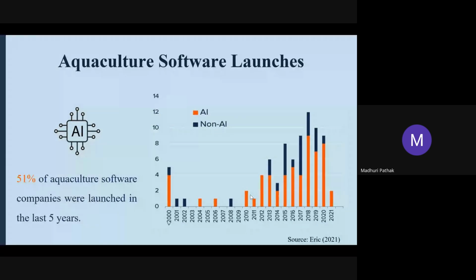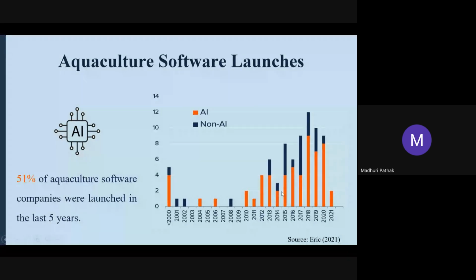One interesting thing here is that as we go on increasing the use of apps, there are different apps that we use, smart ones, to save our time or to save our energy. So there are different software launched for aquaculture, out of which 50 percent of the aquaculture software companies were launched in the last 5 years.